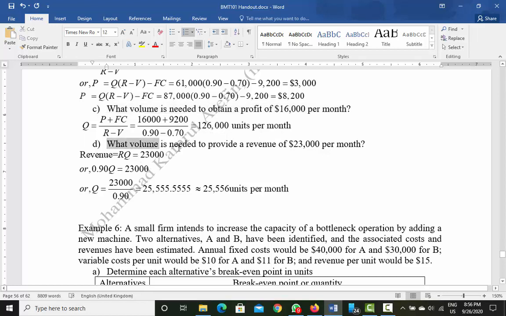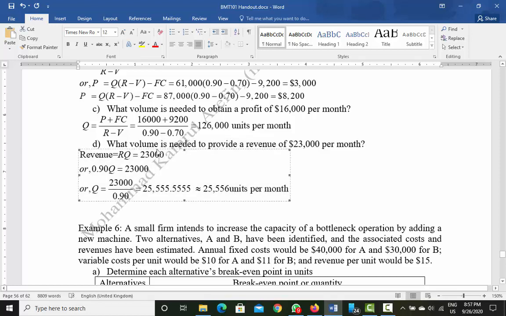What volume is needed to provide a revenue of $23,000 per month? Revenue is given. We need to find the value of Q. Revenue is equal to R multiplied by Q, which is 23,000 here.